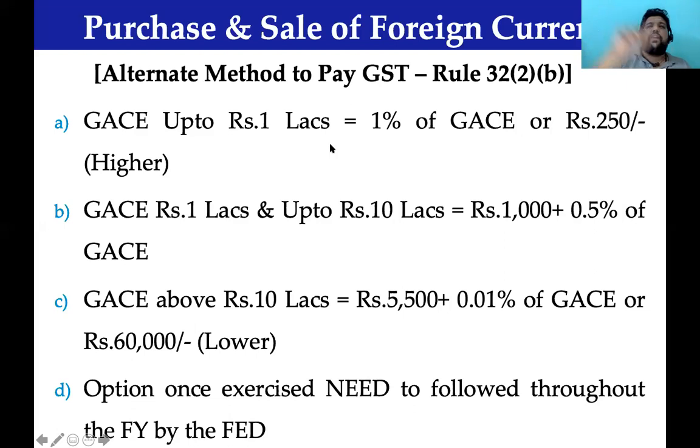So 1,000 into 74, 74,000 is the gross amount of currency exchanged, which is less than 1 lakh rupees. At that time, what you will do is take 1% of the gross amount, 74,000 into 1%, you will get 740. 740 or rupees 250, whichever is higher, will be the value of supply.